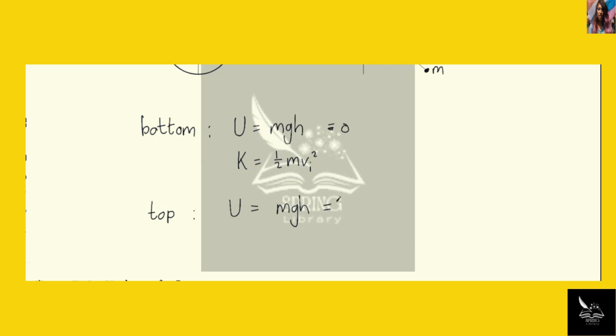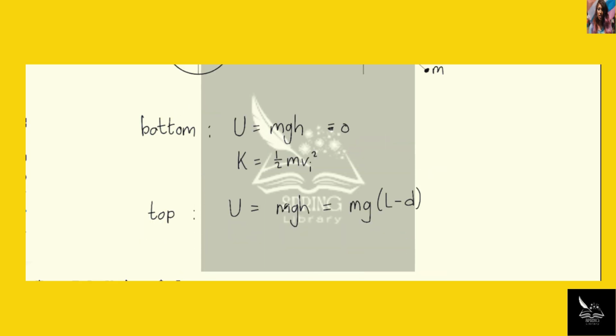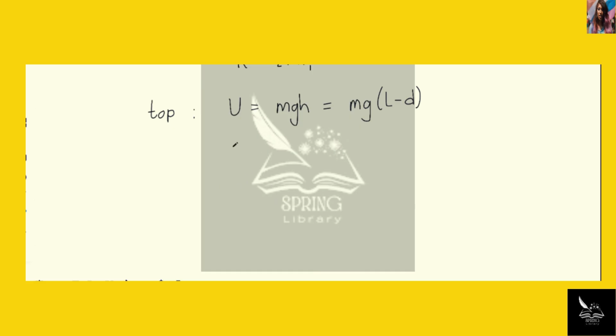and h in this case is just L minus d. So at this point, at the top of the circle, what is the kinetic energy at this point? K is equal to a half mv squared f, the final velocity.